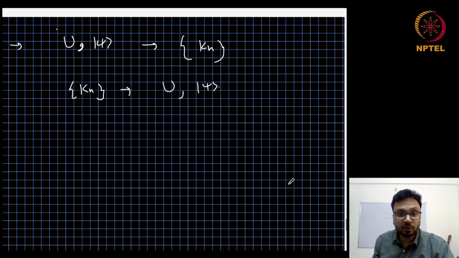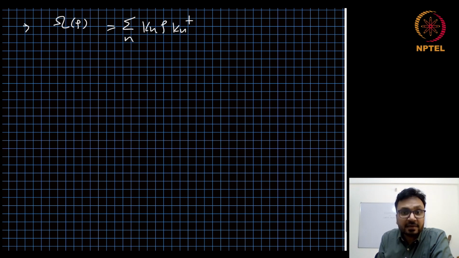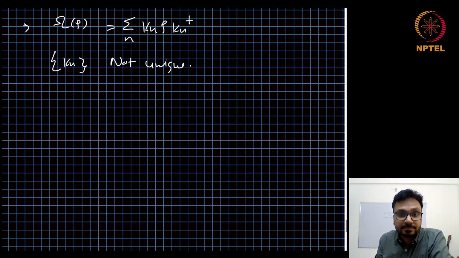There are some properties of Kraus operators and completely positive maps which we need to keep in mind. First of all, for a map omega, sum over n, Kn rho Kn dagger, the choice of Kn is not unique. So there exist Rm such that sum over m, Rm rho Rm dagger is also omega of rho.